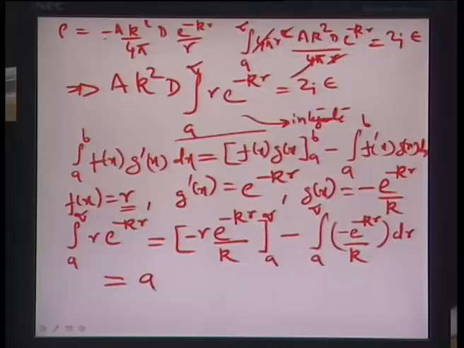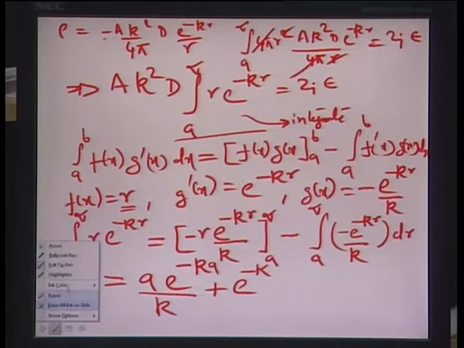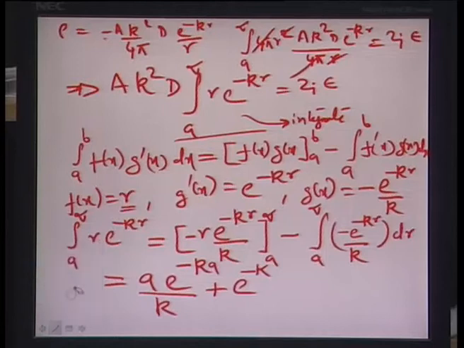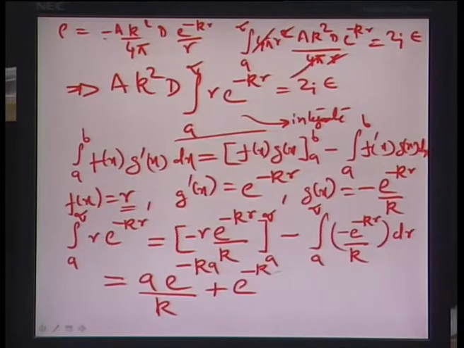On solving these equations, we get the final value here as a e to the power of minus k a by k plus e to the power of minus k a by k square.